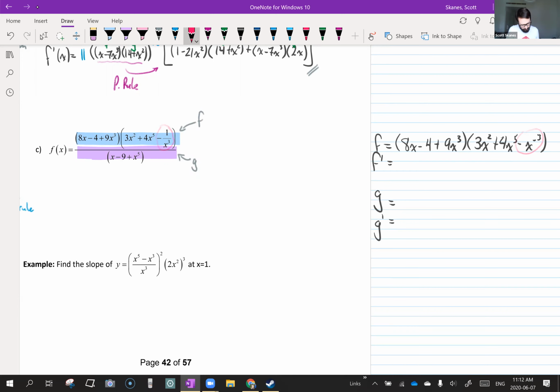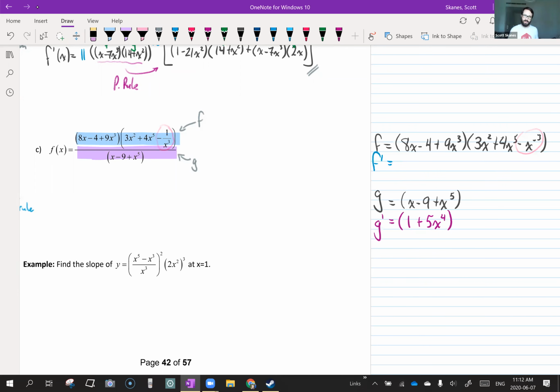I'm going to do the derivative of that in a second, but I want to rewrite g first. So g is x minus 9 plus x to the power 5. The derivative of that is what? Well, 1. Negative 9, derivative of that is 0, so 5x to the 4. All right? So that's my regular g prime.